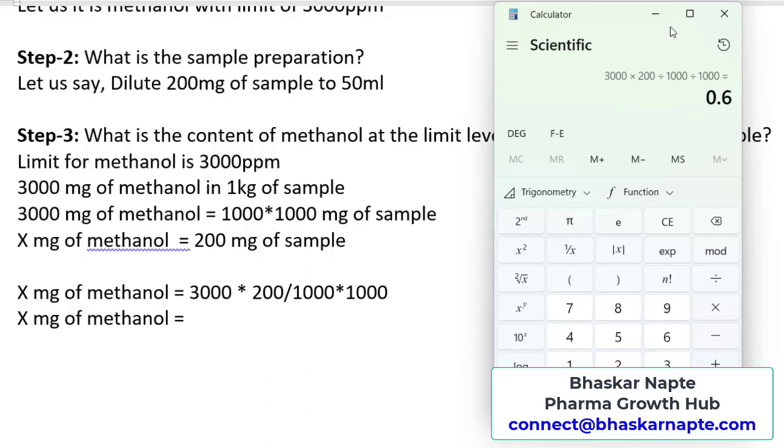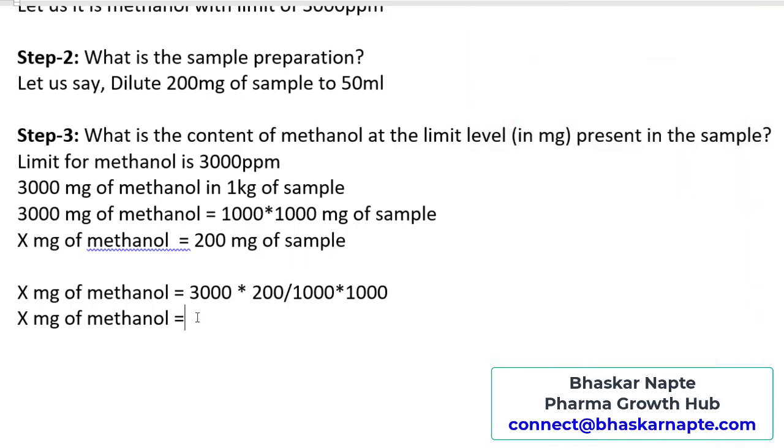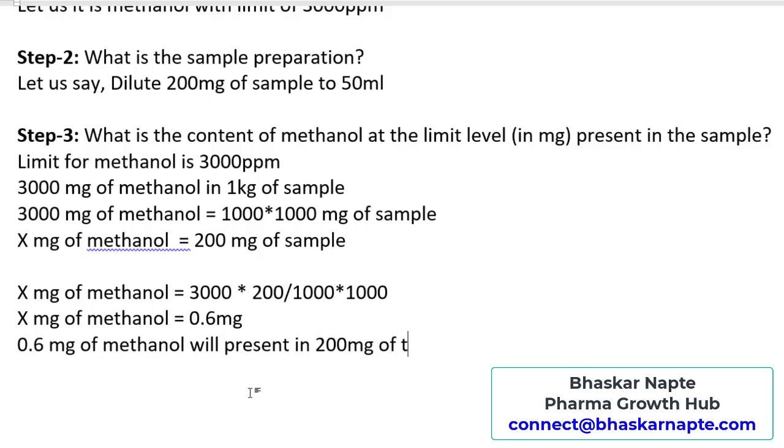I got 0.6 milligram. So this 0.6 milligram means 0.6 milligram of methanol will be present in 200 mg of the sample when I talk about 3000 ppm.